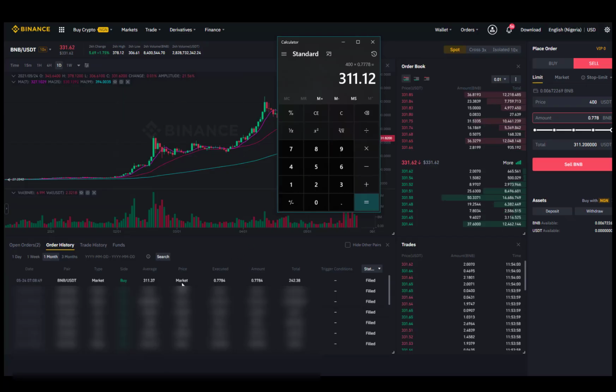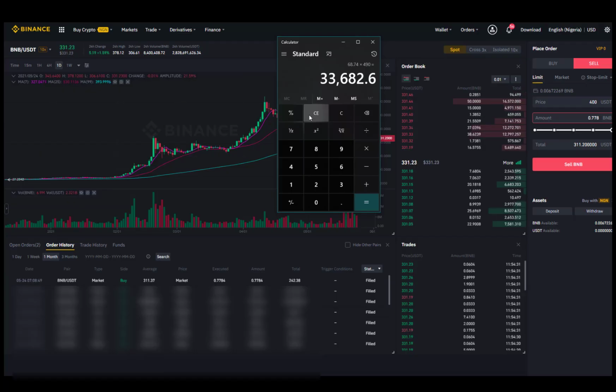And as you can see here, I bought my BNB at $242.38. So if I minus $242.38, I am left with $68.74 of profit multiplied by the naira. That is equivalent to 33,682 naira.